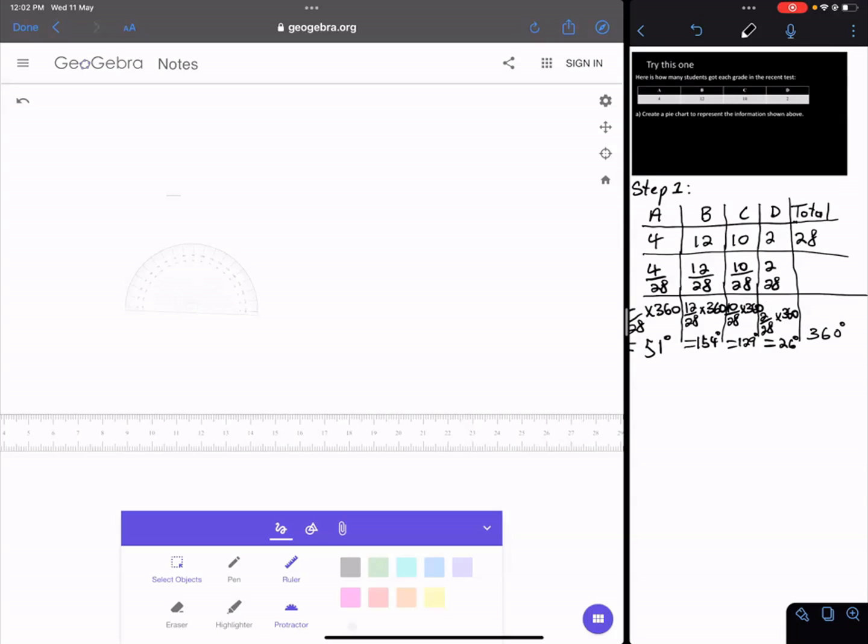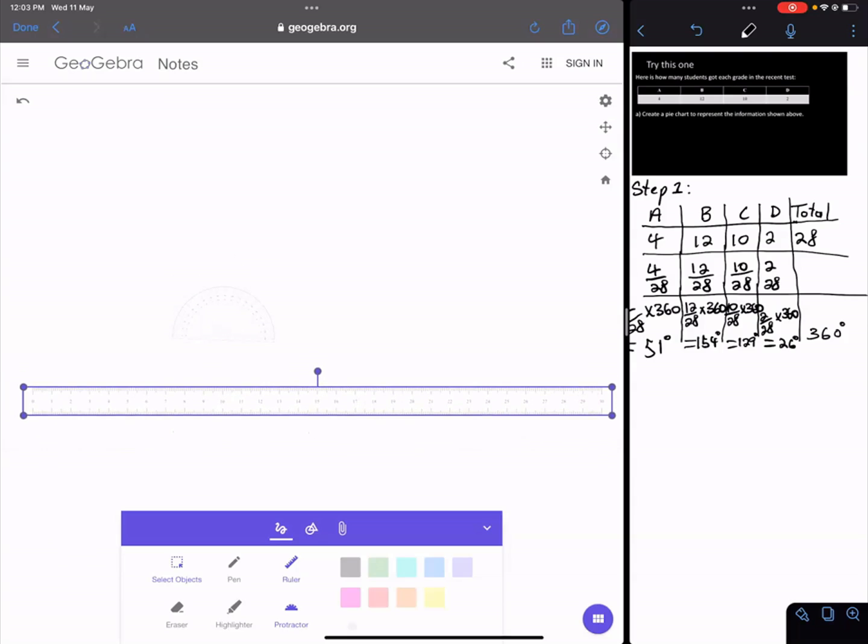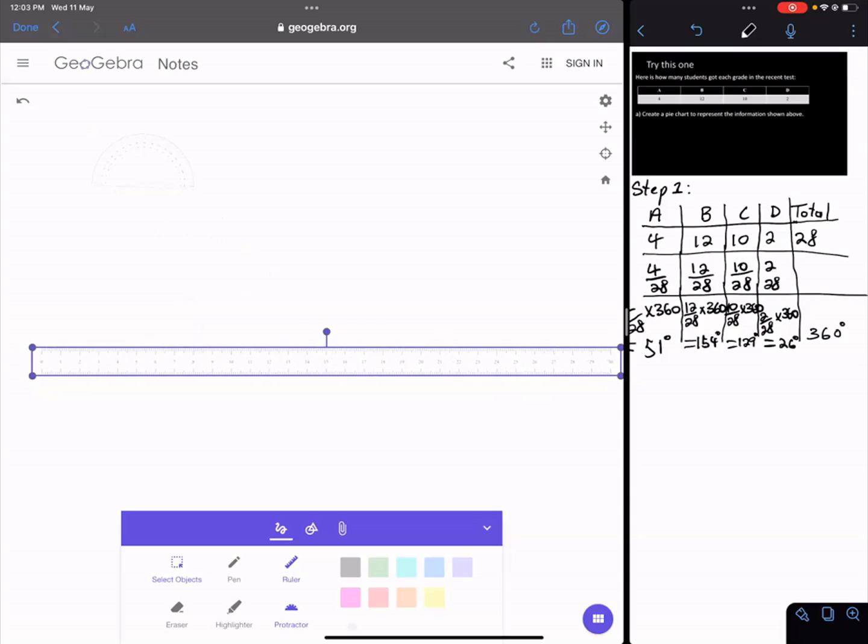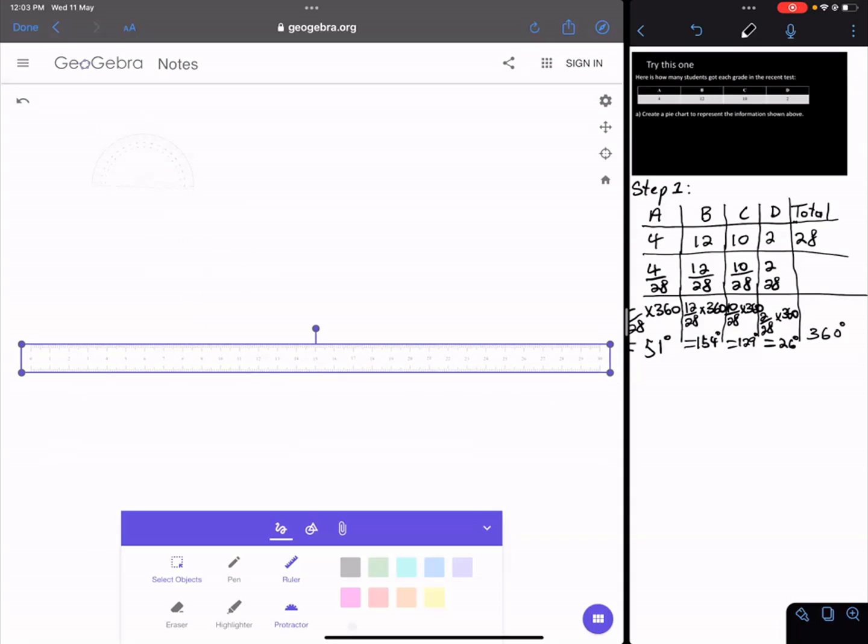We are using GeoGebra to showcase our protractor and ruler. To kick things off, first things first, we need to have a straight line so that we can start drawing these angles that we have found for each A, B, C, and D of our data.